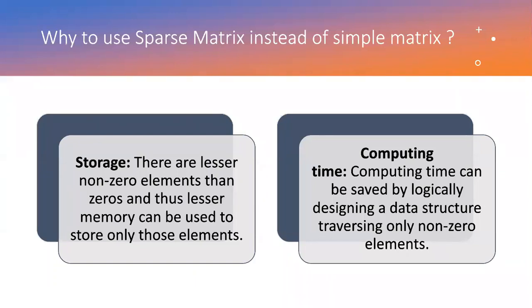Why do we use a sparse matrix instead of a simple matrix? For computing and for storage, it's one of the best, simplest and very powerful things. For storage, let us go through this. There are far fewer non-zero elements than zeros, and thus less memory can be used to store only those elements. For storing data, we store in zeros and ones, in bits.